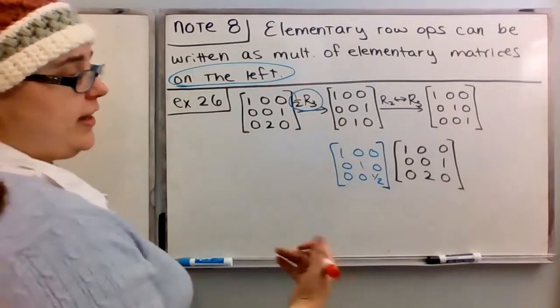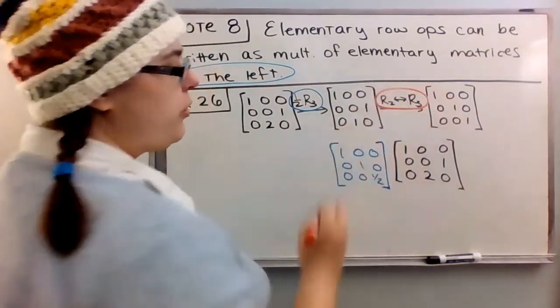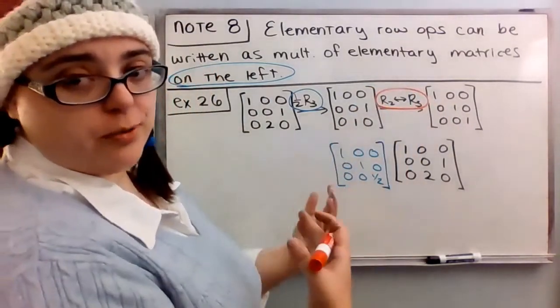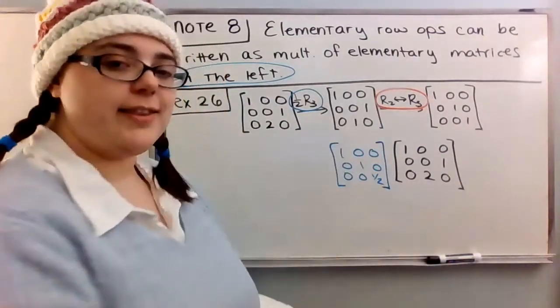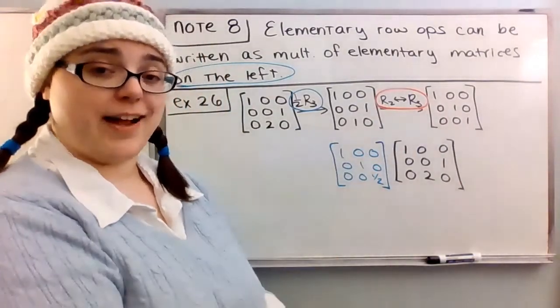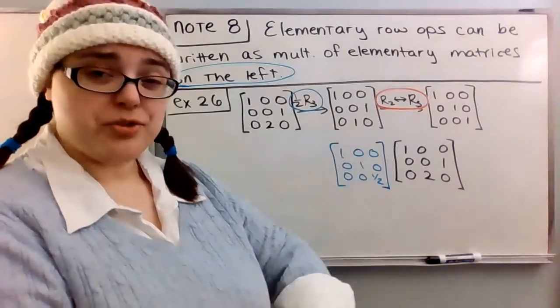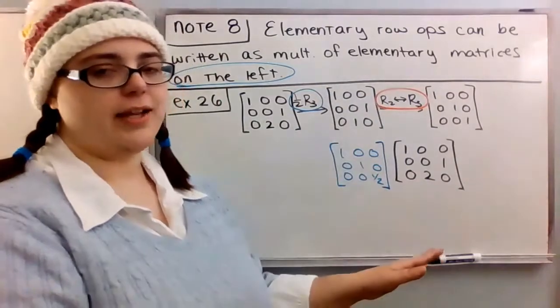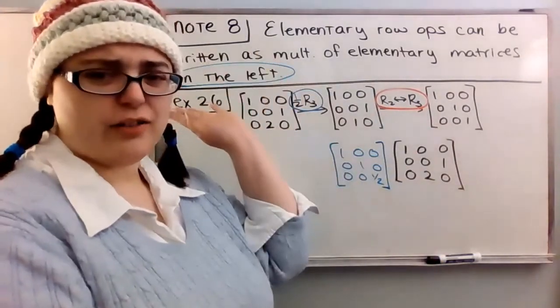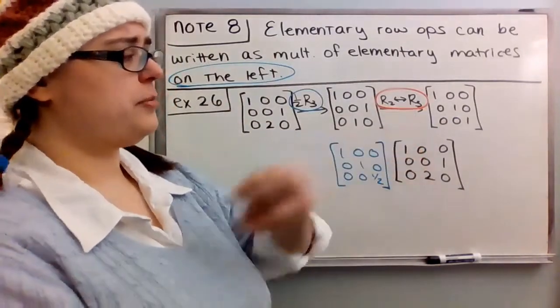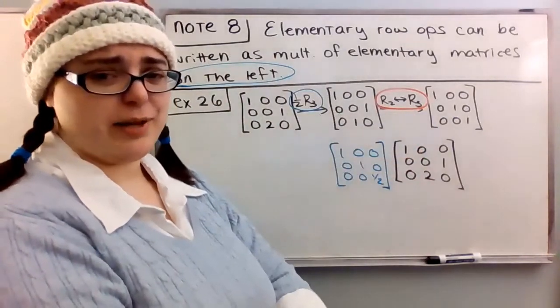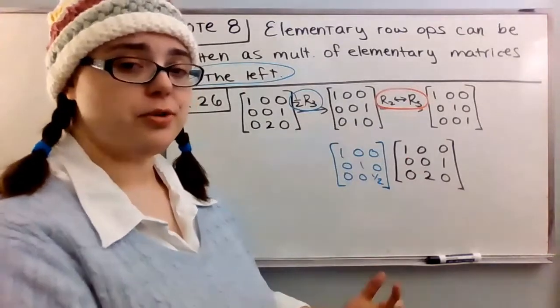So next, we have a row operation where we switch rows 2 and 3. So we have to find the elementary matrix corresponding to that. Now we're finding an elementary matrix, which means you always start with the identity. So think of beginning with the identity matrix and what happens when you switch rows 2 and 3.